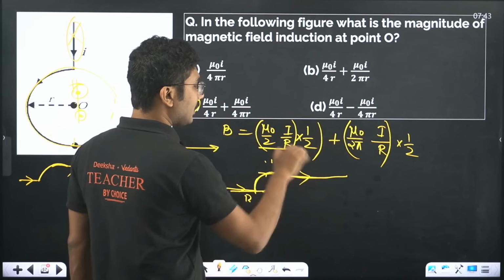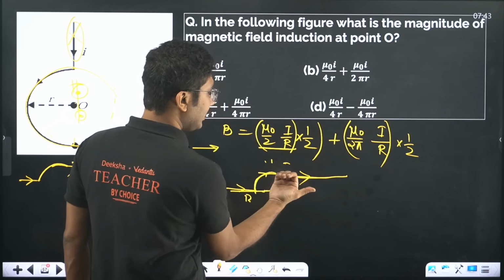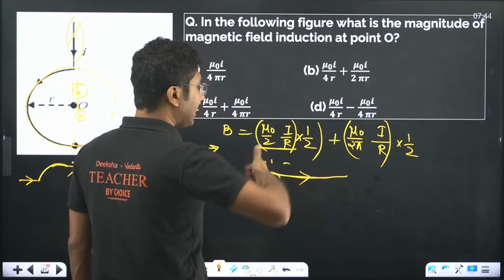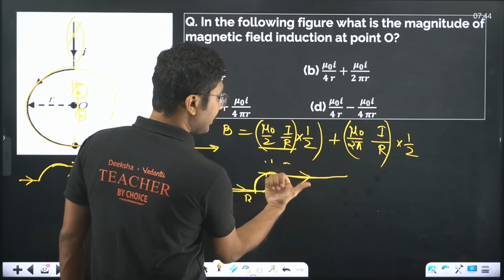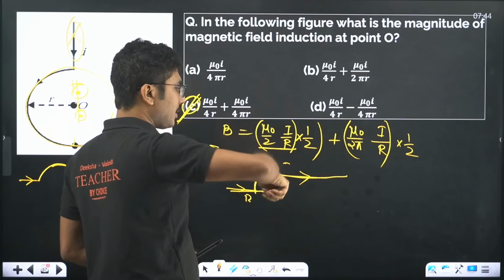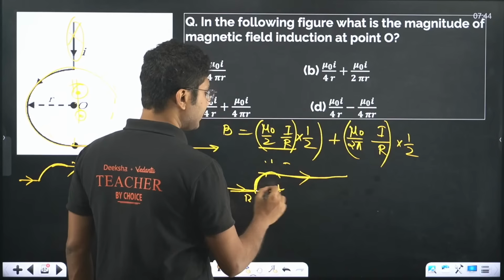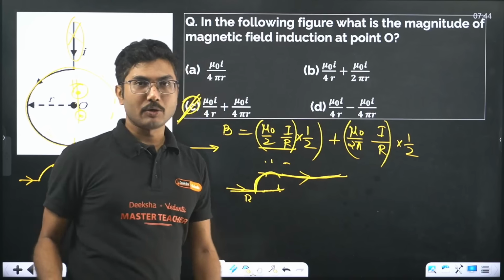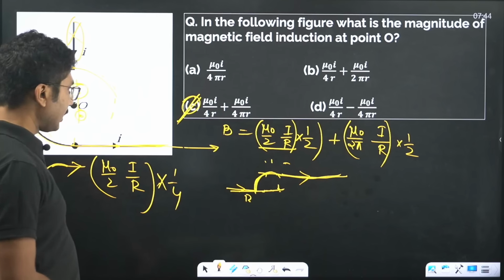The magnetic field due to this wire is into the page, and for this wire it is also into the page. So you just need to take a quarter of this and half of this, add them, and you will get the total magnetic field.